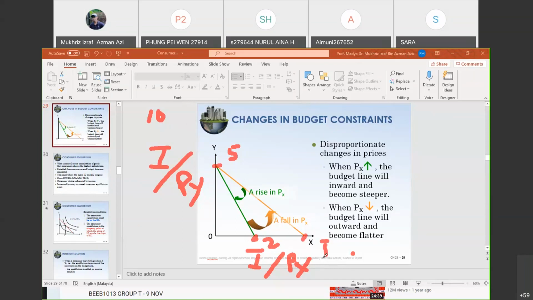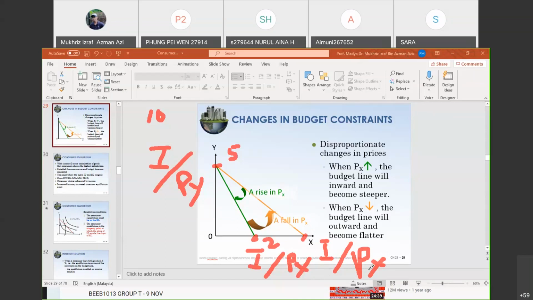But why does your budget line shift to the right when there is a fall in the price of X? Because when you calculate the intersection point, I over PX, if the price of X declines, this value will become higher. Previously the price of X is 5 ringgit, so 10 over 5, you get 2.